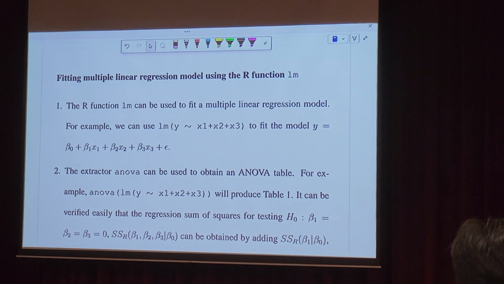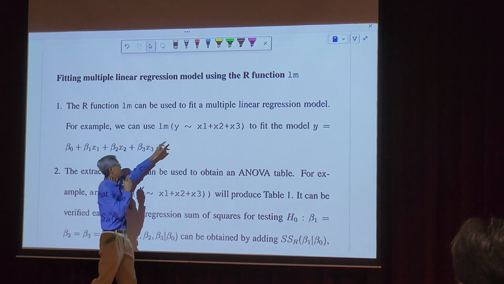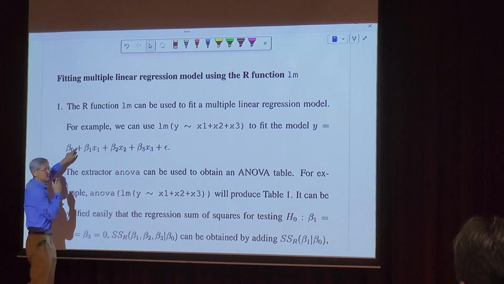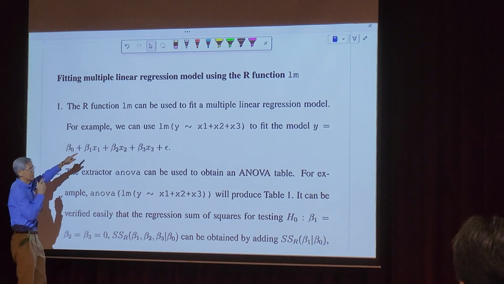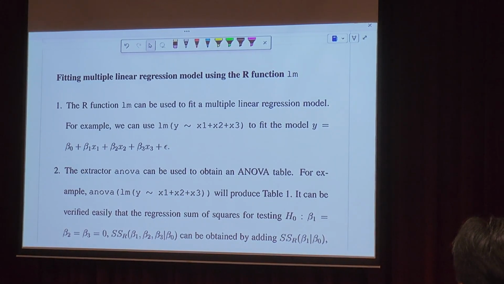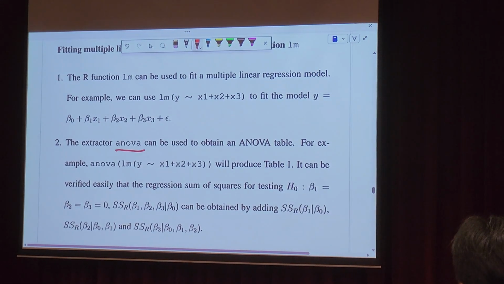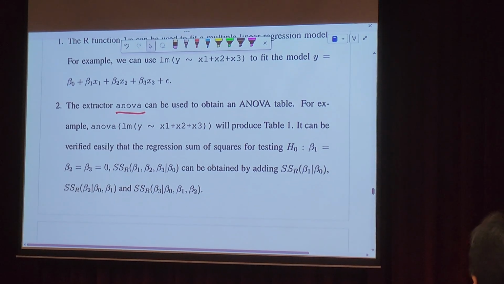So the function lm can be used to fit this model. When you fit this model, you need to include this. Then you can use the anova function to get the ANOVA table, the analysis of variance table.